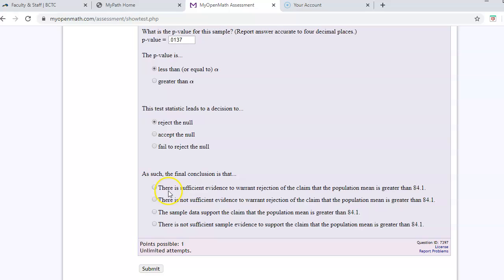So let's see. There's sufficient evidence to warrant rejection of the claim that the population mean... No, we don't want to reject that the mean is greater. There's not sufficient... No, we have enough evidence, so that's not it. The sample data support the claim that the mean is greater than 84.1. There it is. That's the one that embraces the alternate, that the mean is greater than 84.1.